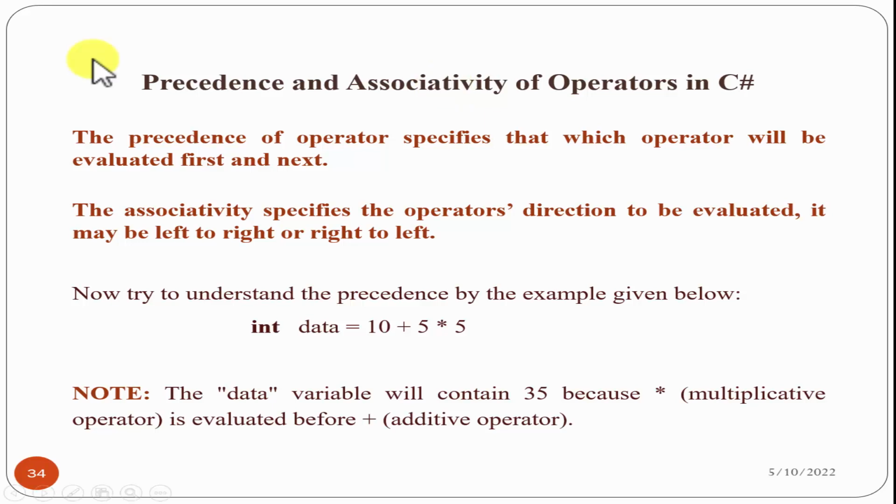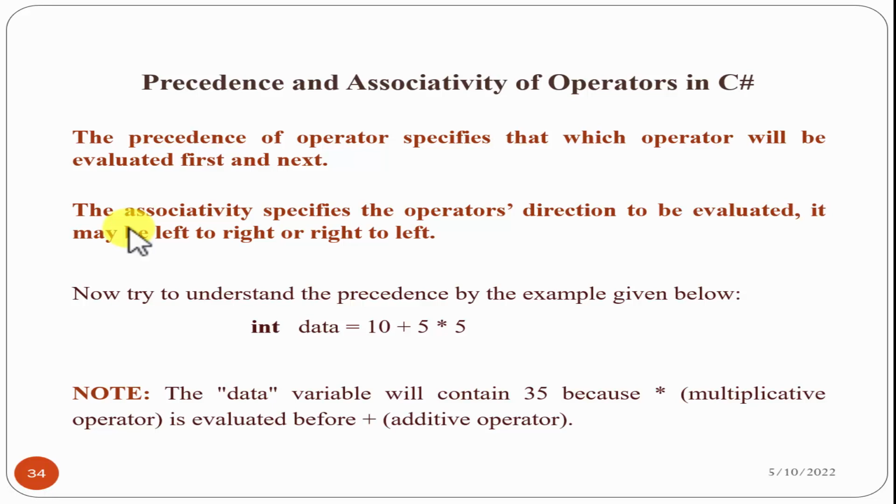The precedence of operators specifies which operator will be evaluated first and which will be evaluated second or next. So this is called precedence of operators in C#. Second is associativity. Associativity is basically about operators in the same family: which operator will perform first.